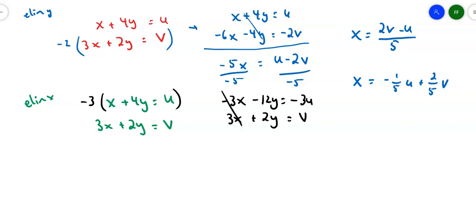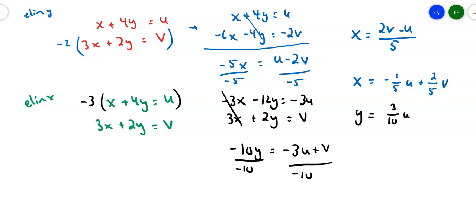I get rid of my x's, and I'm left with -10y equals -3u plus v. Divide through by -10, and what do I get? y equals 3/10 u minus 1/10 v.